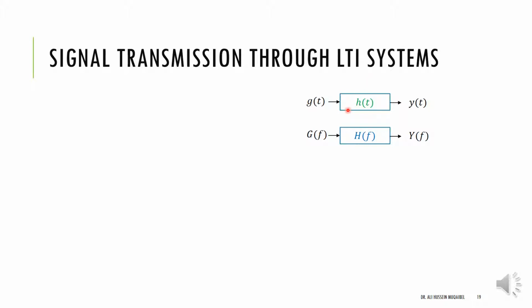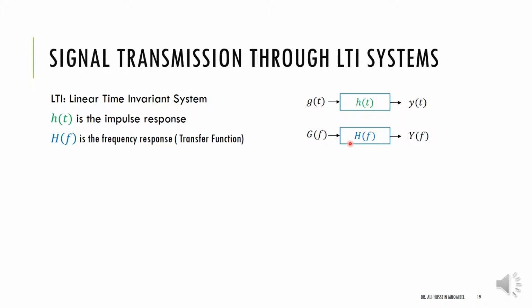So a system is usually defined by its impulse response or its transfer function. In time domain, we use h of t, small, which is the impulse response, and in frequency, we use capital H of f, which we call the transfer function of the system. The problem with time domain, if you want to relate the output to the input, is that we have to use convolution. So the output is the convolution between the input and the impulse response of the system.